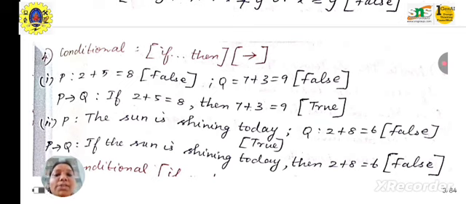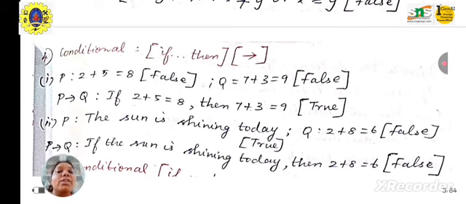We have to understand what the statement says, not the values. P is false and Q is false, so false implies false, and the answer is true. So P implies Q is true.